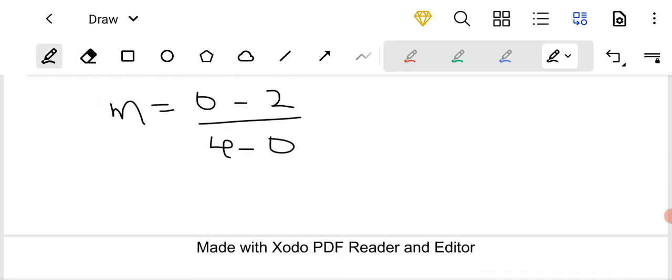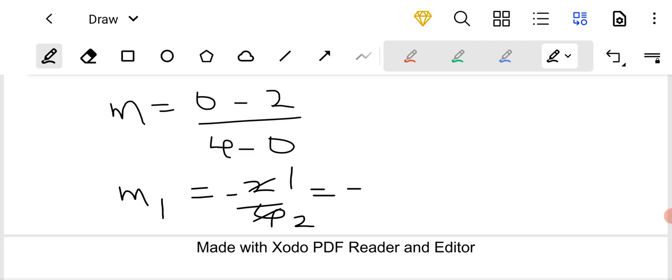So it means you're going to have m1, let's name the gradient, is equal to 0 minus 2, negative 2, over 4 minus 0, which is 4. You're going to have negative 1 over 2 as your m1 when you simplify.